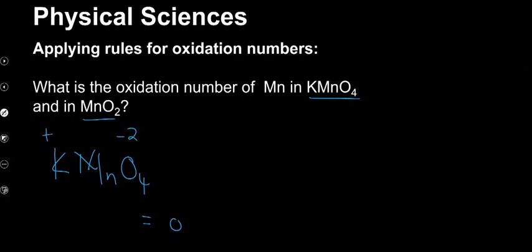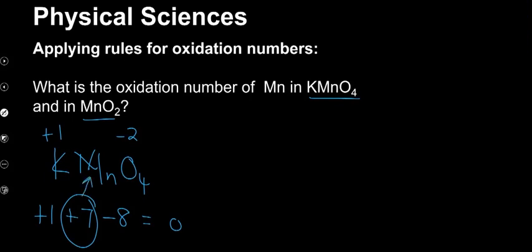Potassium is group 1, +1. Then we're looking for that. So the total for potassium is +1, okay? We don't know for manganese. For oxygen it is -8, the total from -2 times 4. And then what is it that we do to this so that we get 0? It means it is +7.